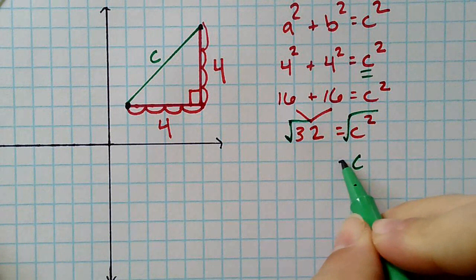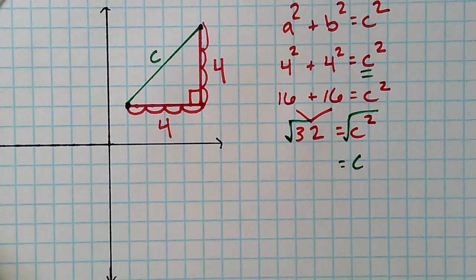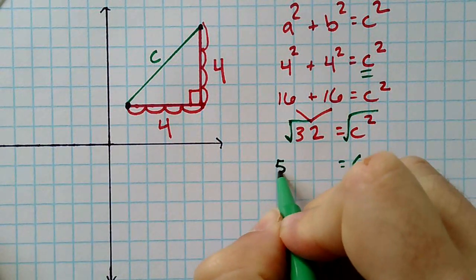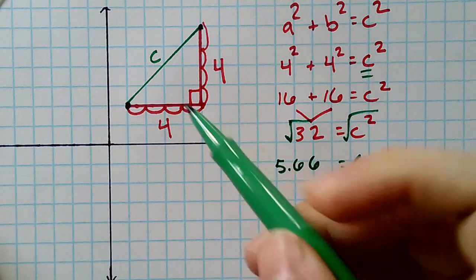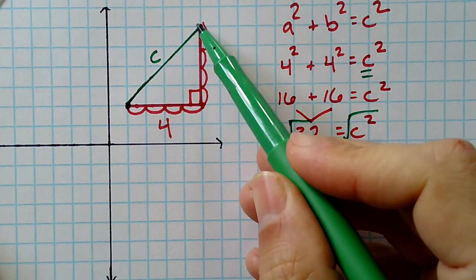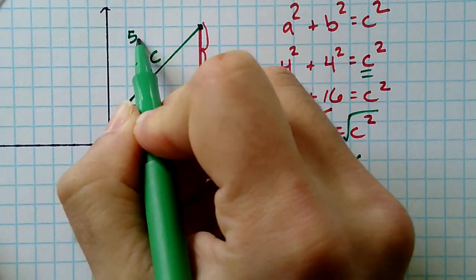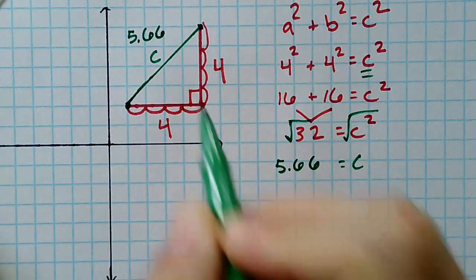I'll grab my calculator: the square root of 32 is about 5.66. So the distance between these 2 points on the coordinate plane is about 5.66 units.